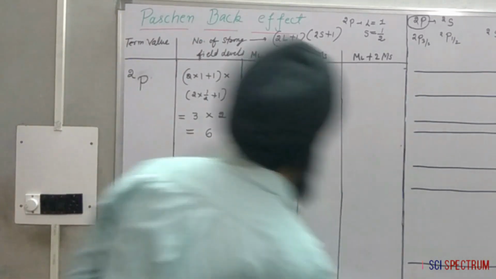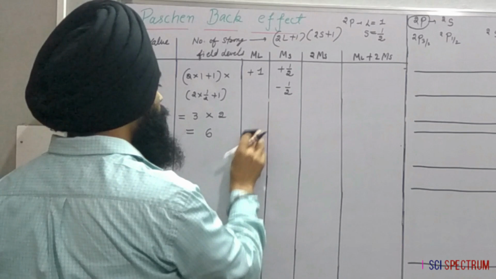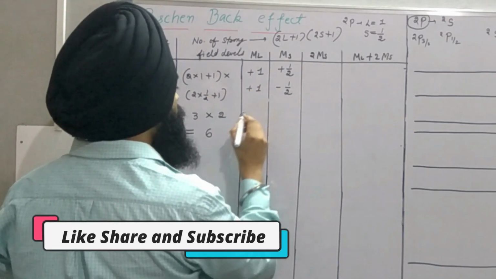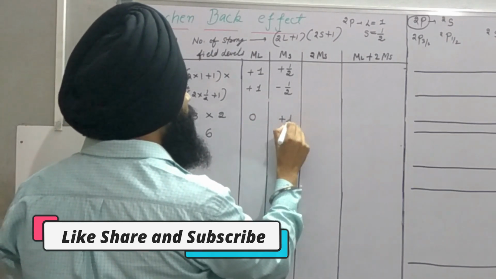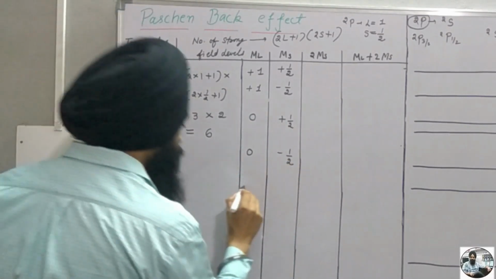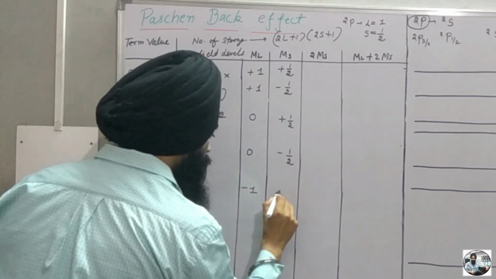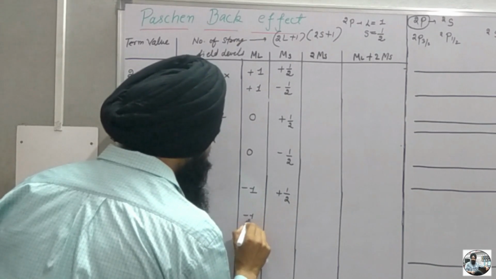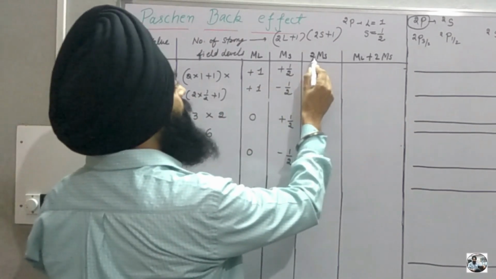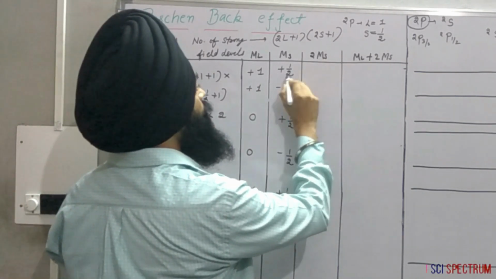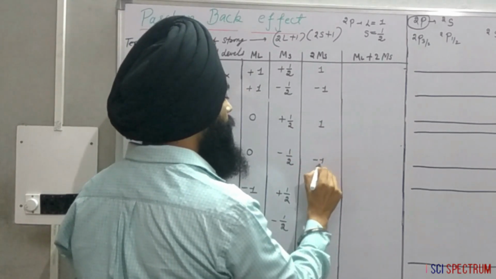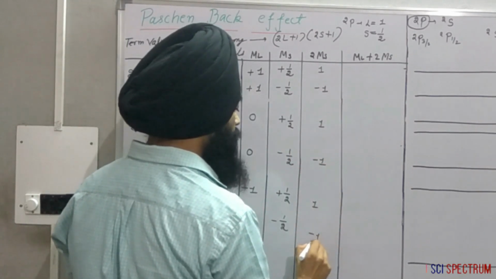Similarly for 0, plus half and minus half. Similarly for minus 1, plus half, minus half. So if we multiply ms with 2 here, we get 1, minus 1, 1, minus 1, 1, minus 1.